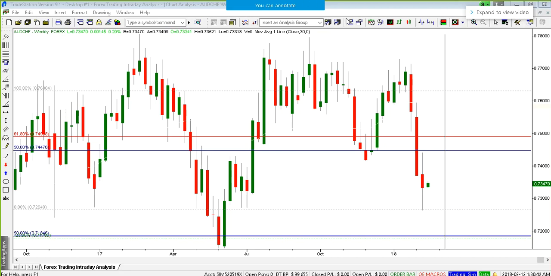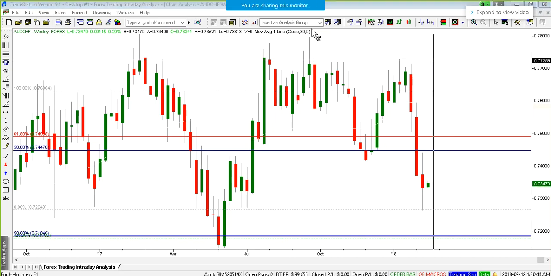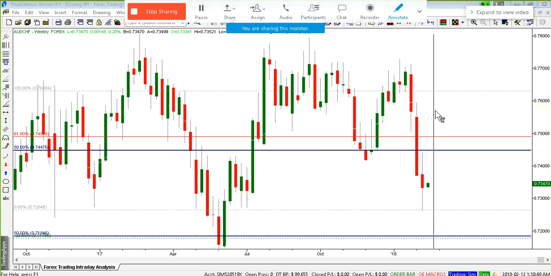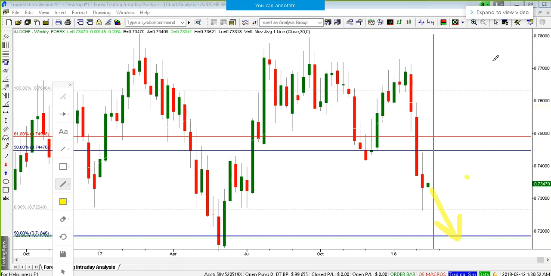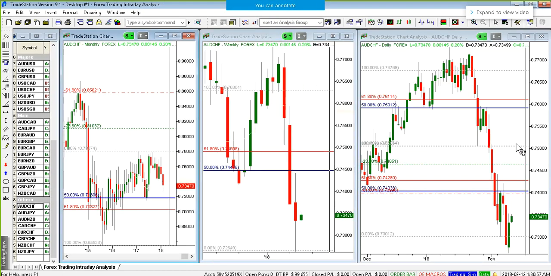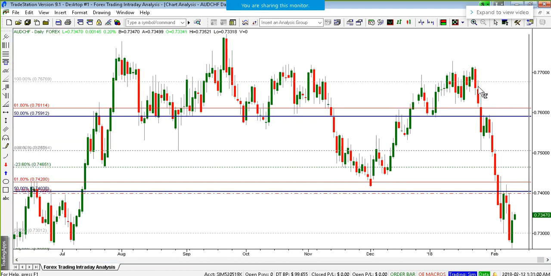Of course, there is always the possibility for this market to just continue lower here, in which case measure moves in the smaller time frames, weekly and daily, need to come into play. And that's what has been happening last week.